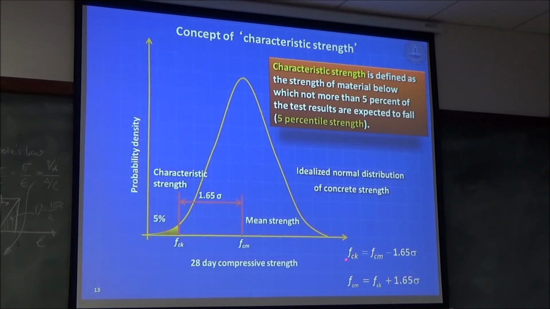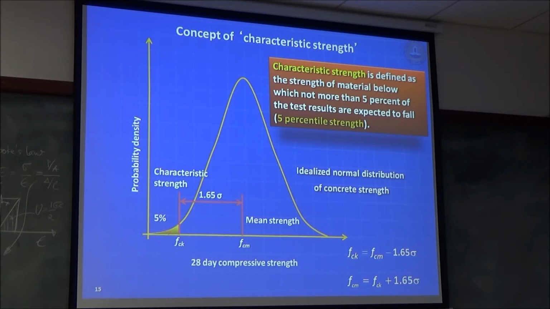So if you were to design the mix, you should find out from your past history what's your standard deviation. And then 1.65 times the standard deviation plus fck is your target mean strength. Or you could work backwards like this. Is it clear? So the area is 5% here, the rest is 95%. So that's the minimum. Got it?